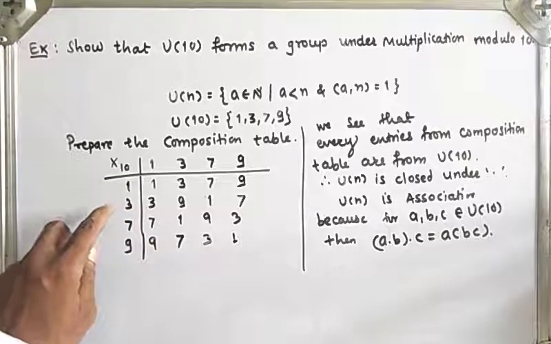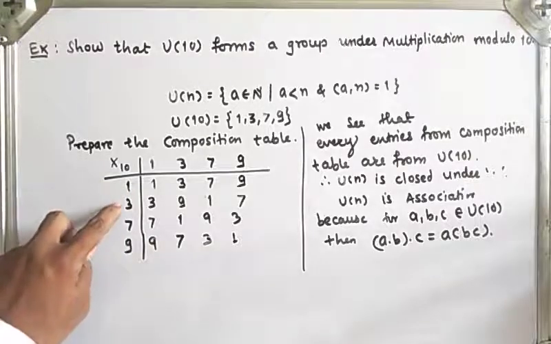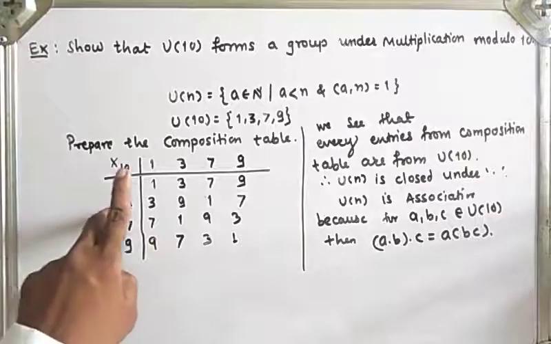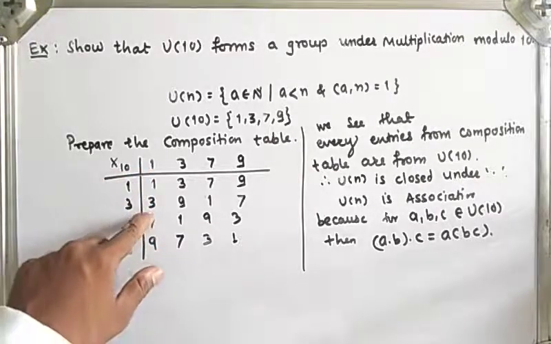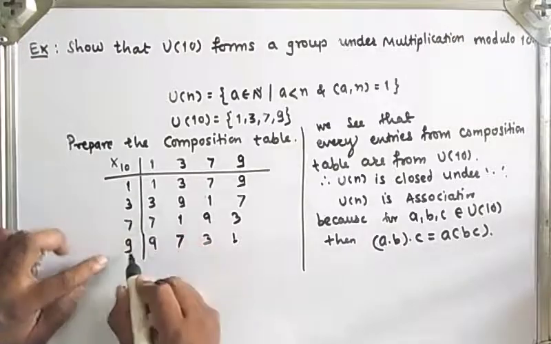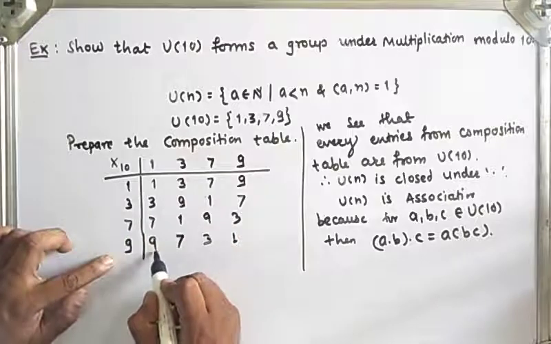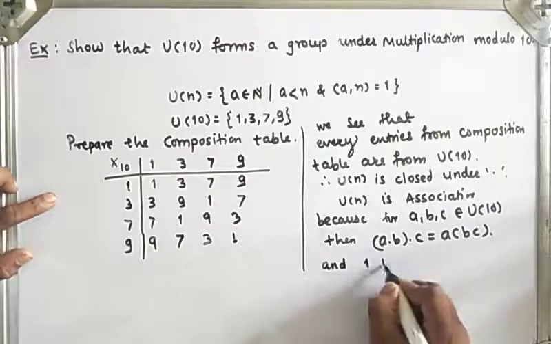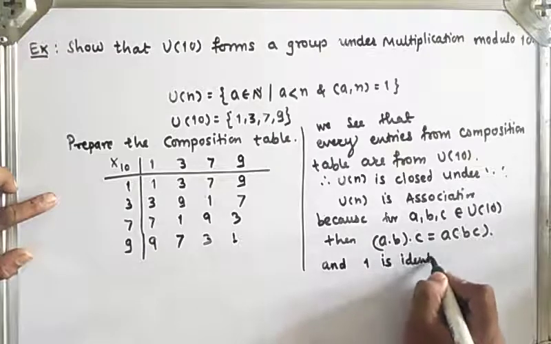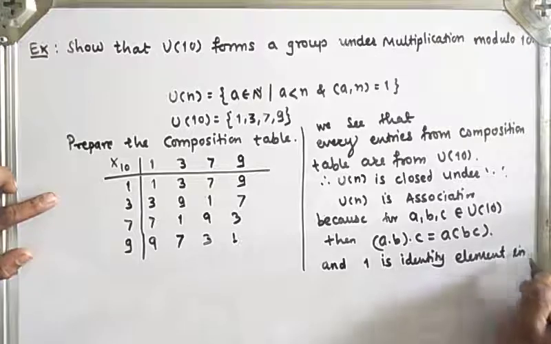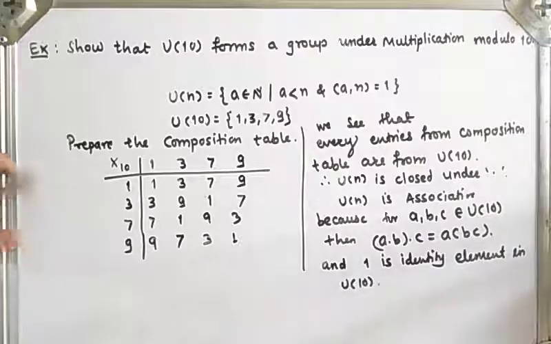Next, 3 multiplied by 1 gives again 3. Next, 7 multiplied by 1 gives 7. 9 multiplied by 1 again gives 9. So 1 is the identity element in U of 10.